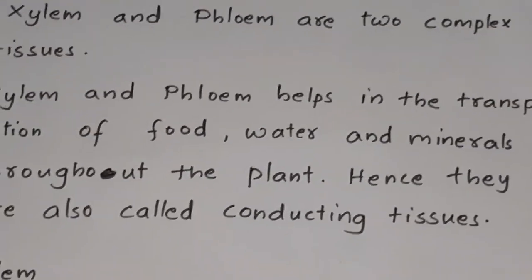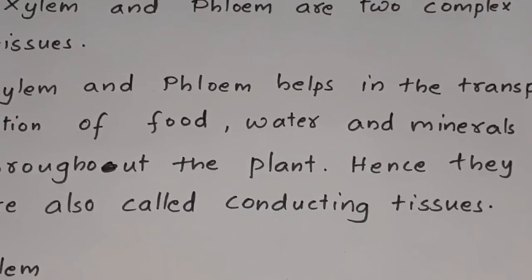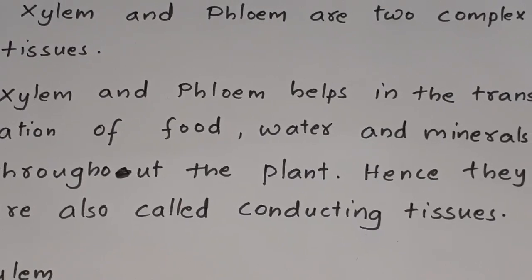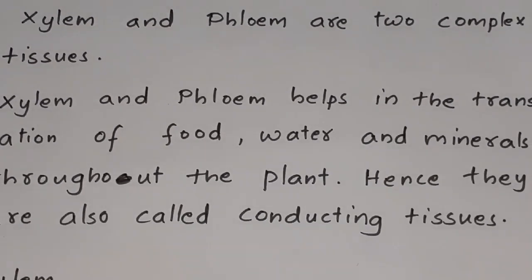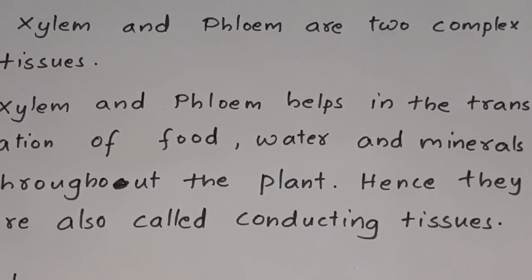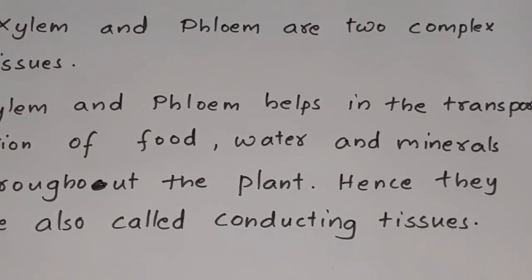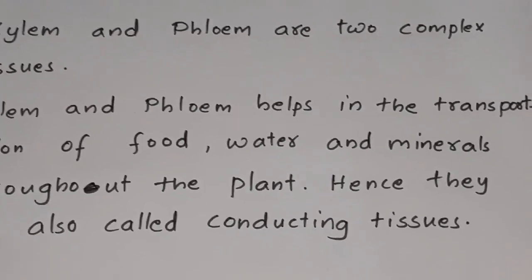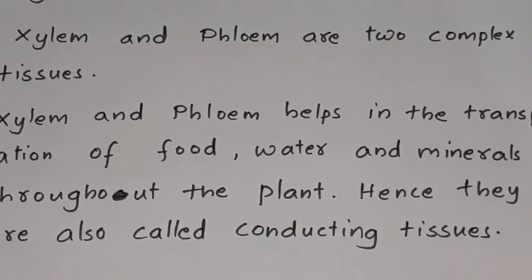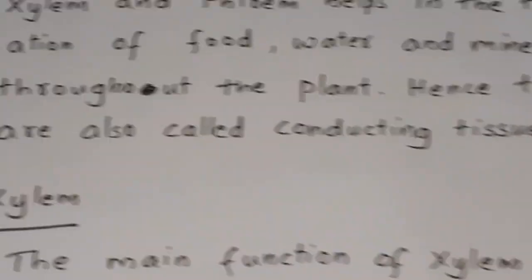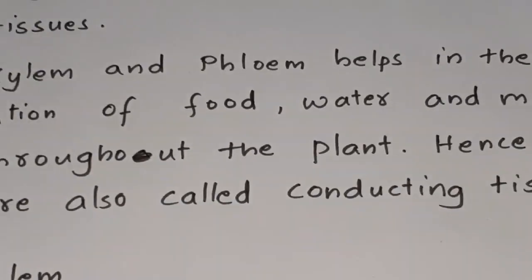Some plants are more than 50, 60, 100 feet tall, and on the top part also you can see leaves. The water needs to reach there. So the roots absorb the water from the soil, and after absorbing, it is transported by the tissues called xylem and phloem. So these are the transporting tissue cells.